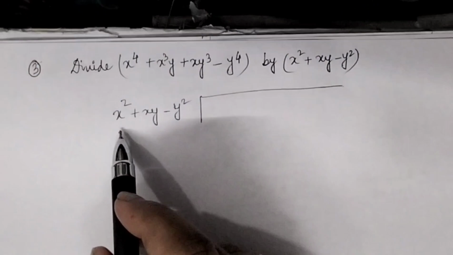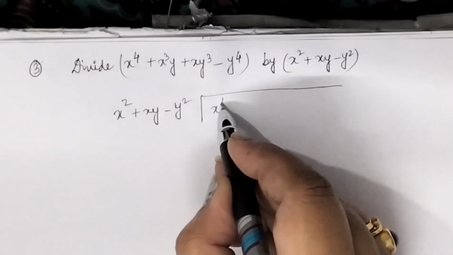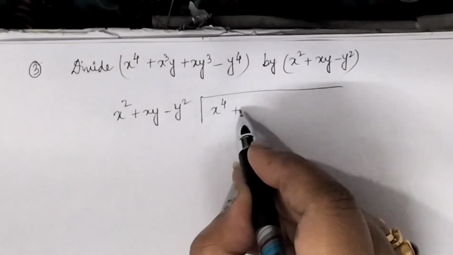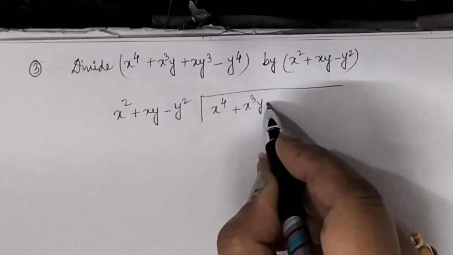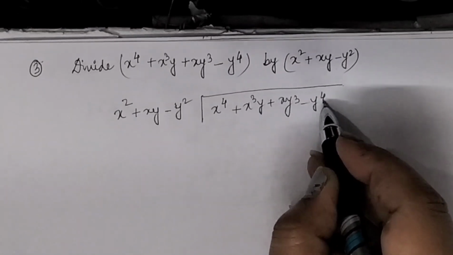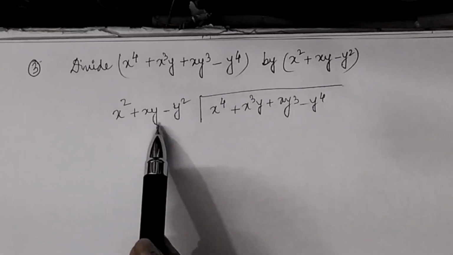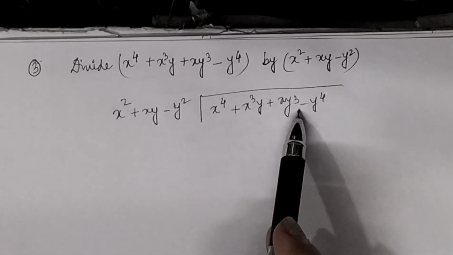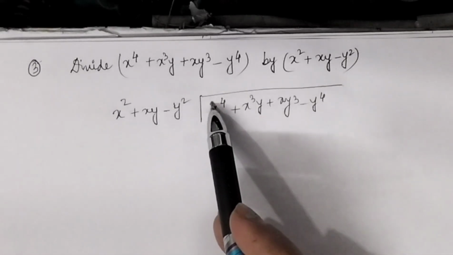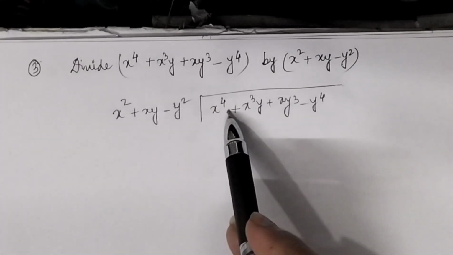So here the divisor is written, and this is the dividend, x to the power 4 plus x cube y plus xy cube minus y to the power 4. And we find that in both the cases, the descending order of x is existing. Okay. So now let's choose x to the power 4. This one should be eliminated.